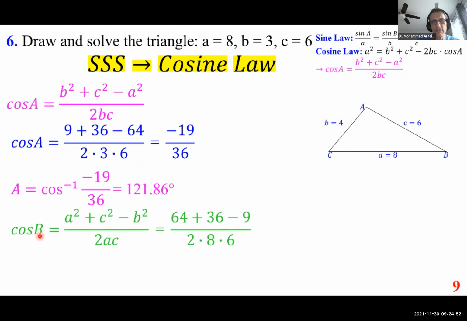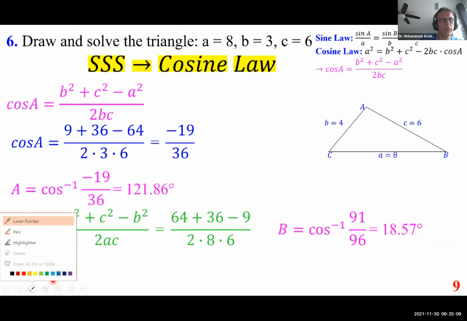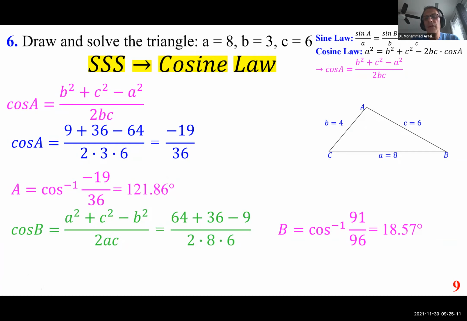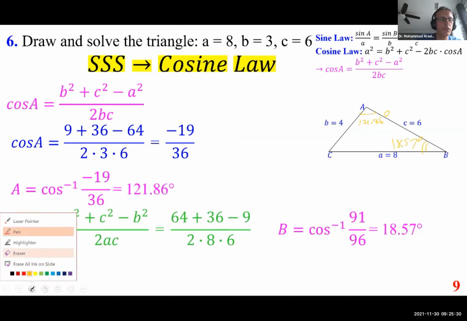You do the math, and cosine inverse of this 91 over 96 gives us 18.57 degrees. So we have 121.86 degrees and 18.57 degrees.